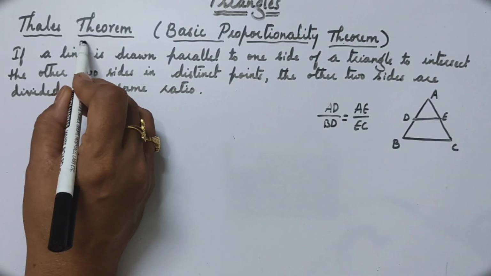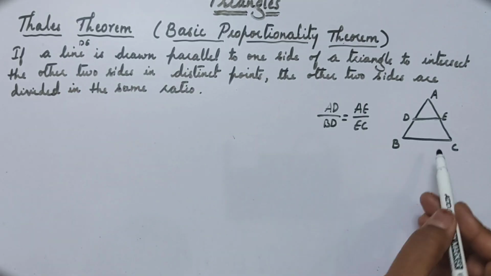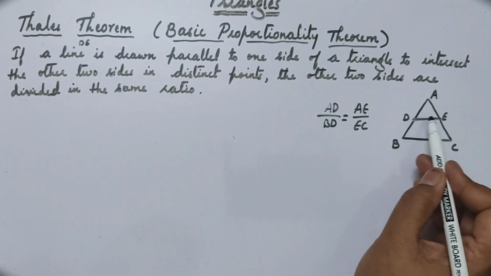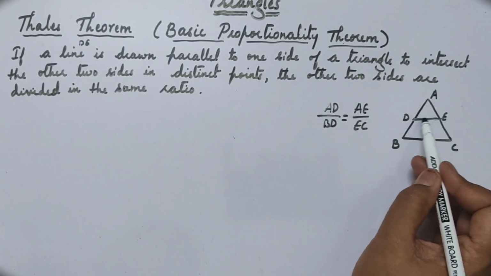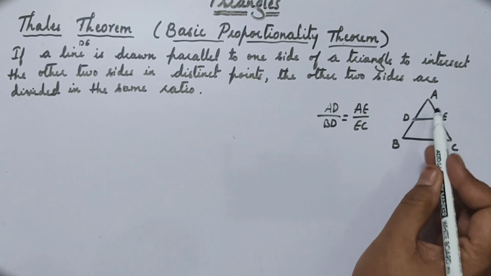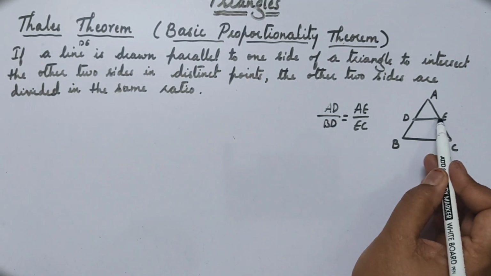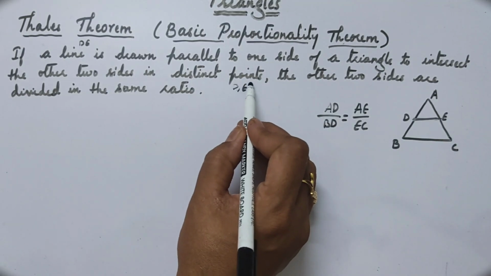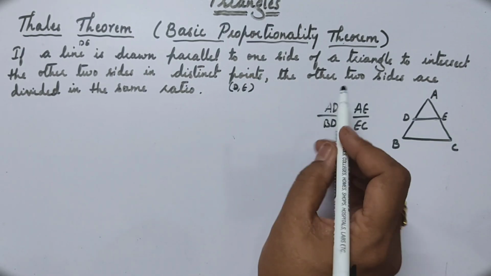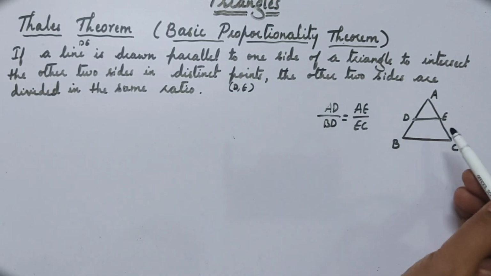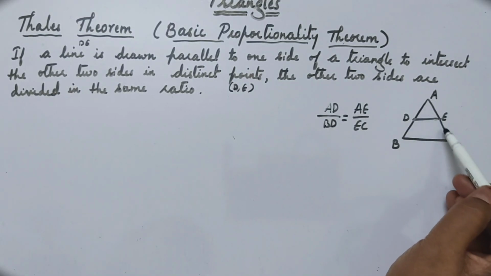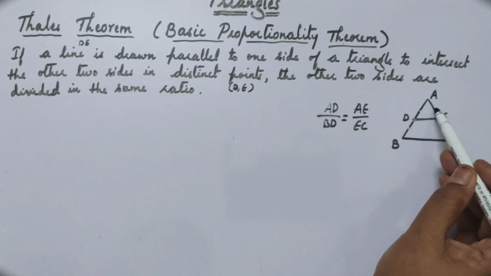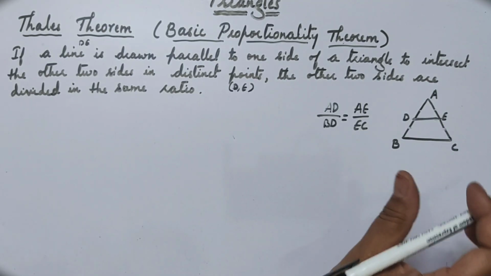So I can say that DE is a line drawn parallel to one side of a triangle to intersect these two sides in distinct points. What are the distinct points we have got here? D and E are the 2 distinct points we have got. The other 2 sides are divided. So these 2 sides are divided in the same ratio. See, these both are divided in the same ratio, students.